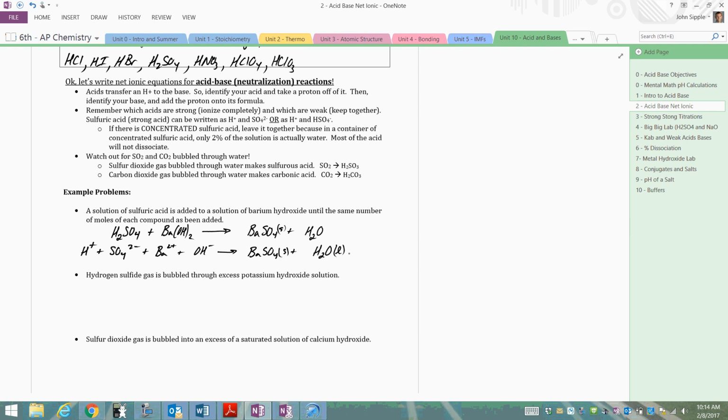Right now it's balanced ionically. But when I write this one here, this one kind of bothers me, because of H2SO4 and barium hydroxide. I want to put that stuff in there.